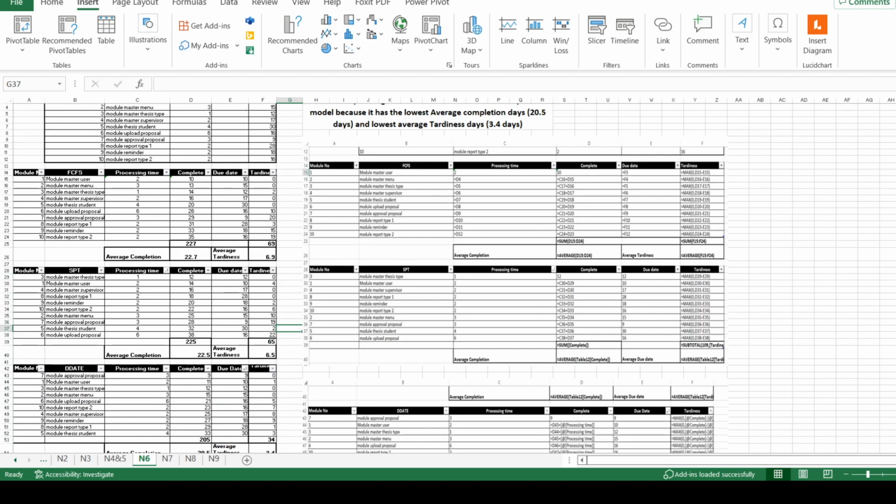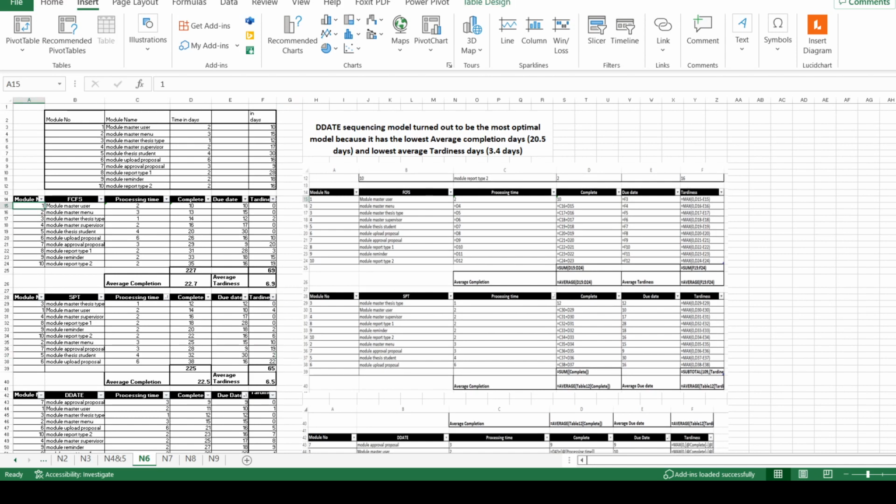Basically, what am I doing here? I'm laying out the master user first. FCFS is the same as the sequence of the data that are given, and then it just adds up, like day 4 is C16, day 15.